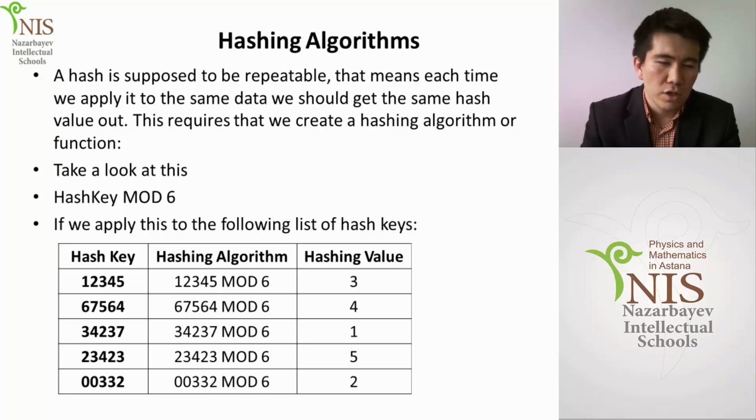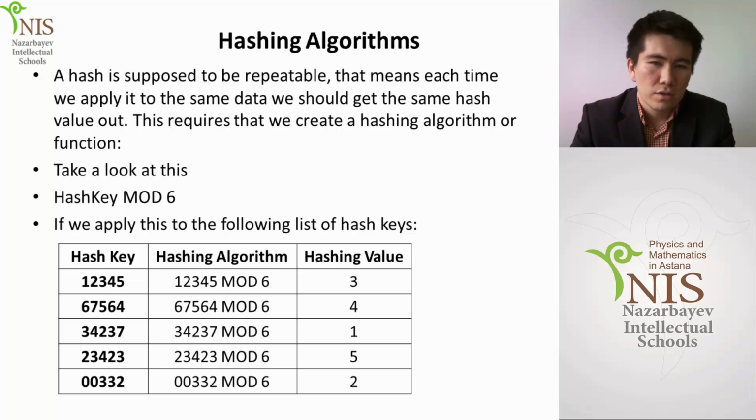As you can see, the remainder after applying this hashing algorithm to the first hash key is 3. The remainder for the second hash key is 4. Third 1, then 5 and 2.